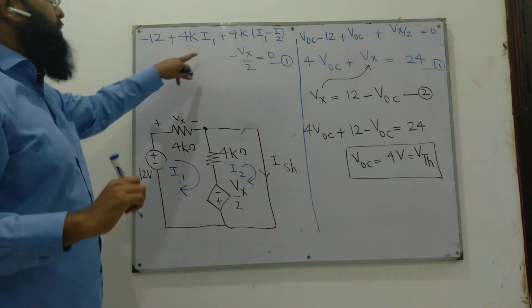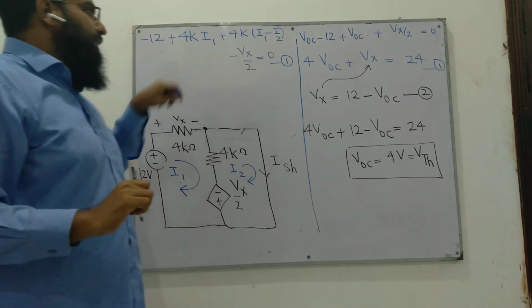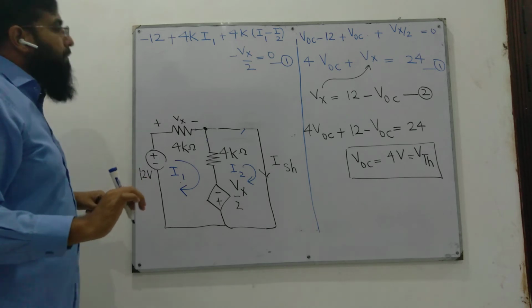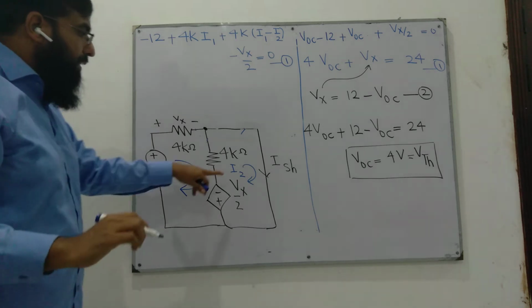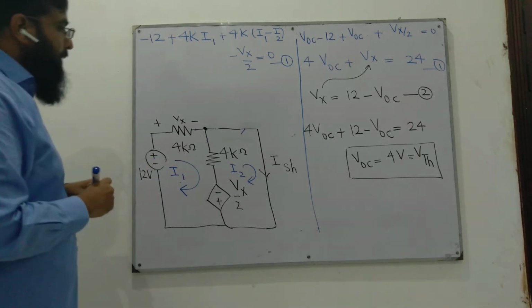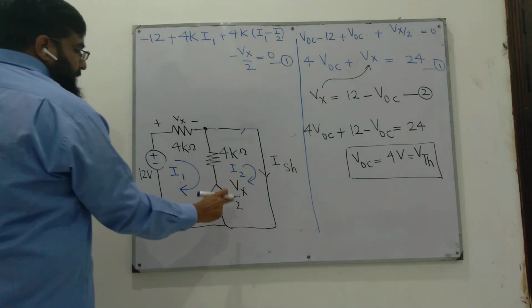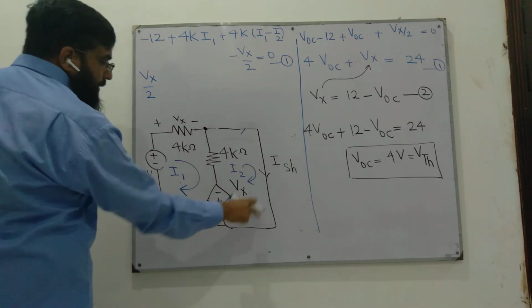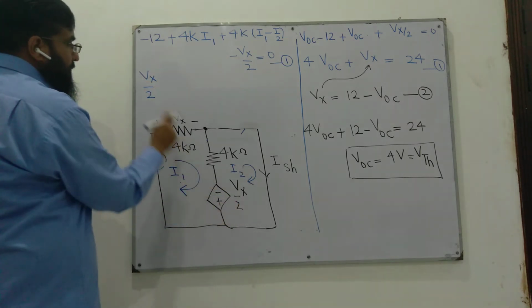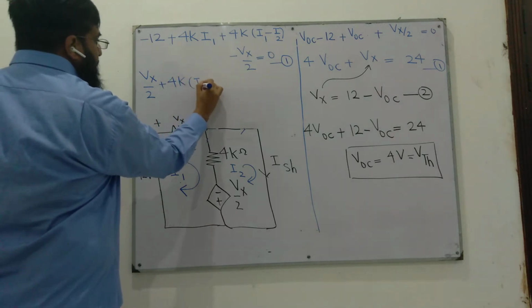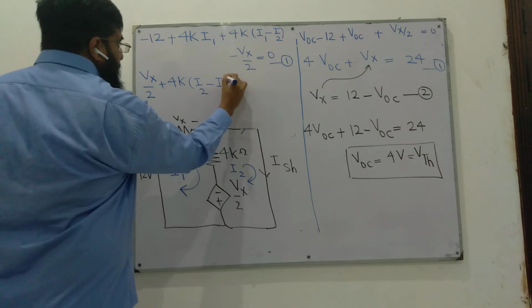We can see we have three variables here, I1, I2 and Vx. So we need two more equations to find I1, I2 and Vx, and we are interested in I2 because I2 is the same as I short circuit. So let's write the equation for the second loop: plus Vx by 2, because the current enters from the positive side, so voltage drop, we write it as positive, plus 4k times I2 minus I1.